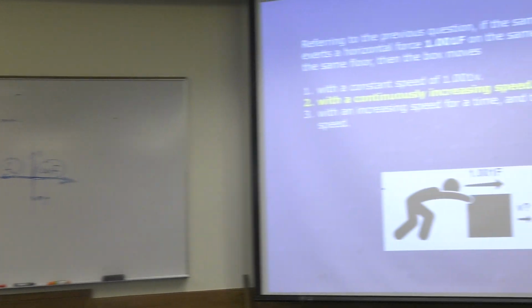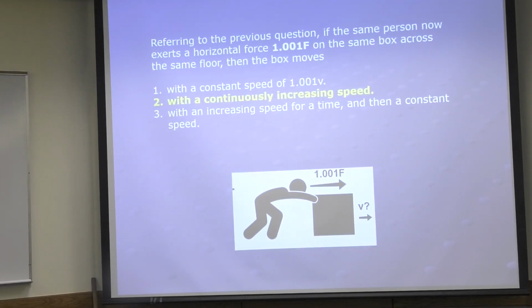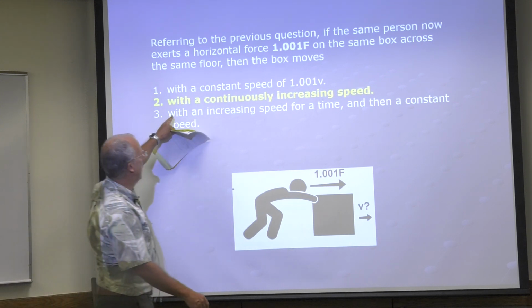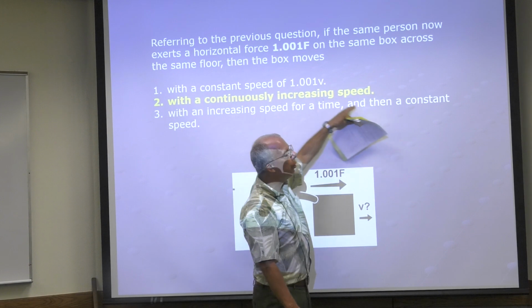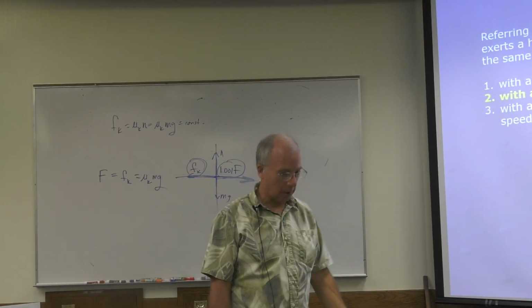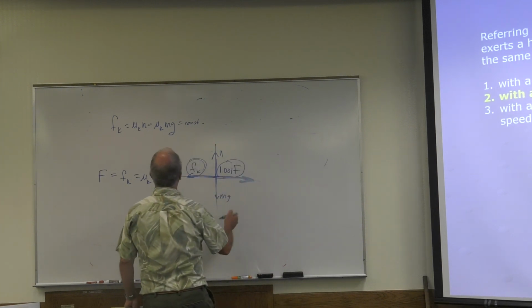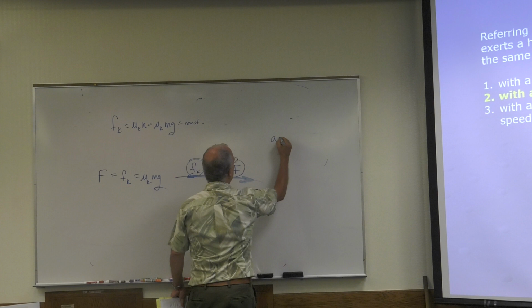2. Acceleration means that the speed is going to continue to increase, right? So the box moves with a continually increasing speed. It's going to increase slowly, most likely, but I don't care. The point is, on the first one we had a equals 0.